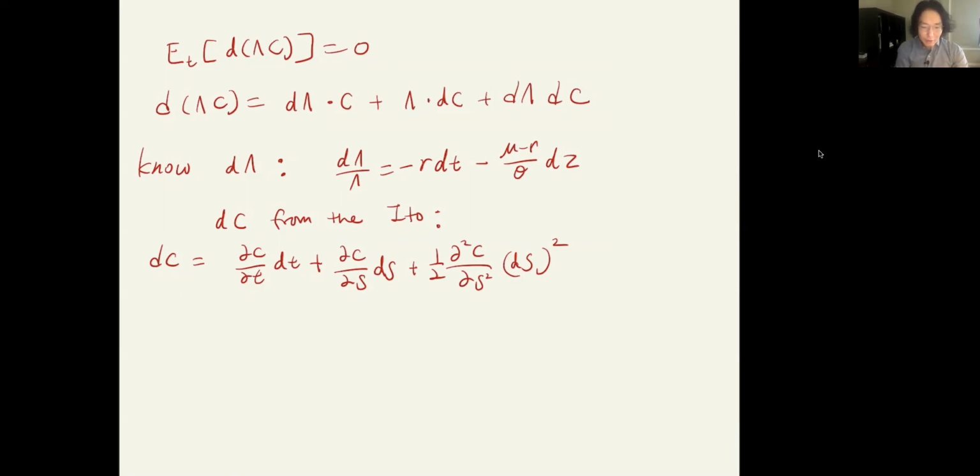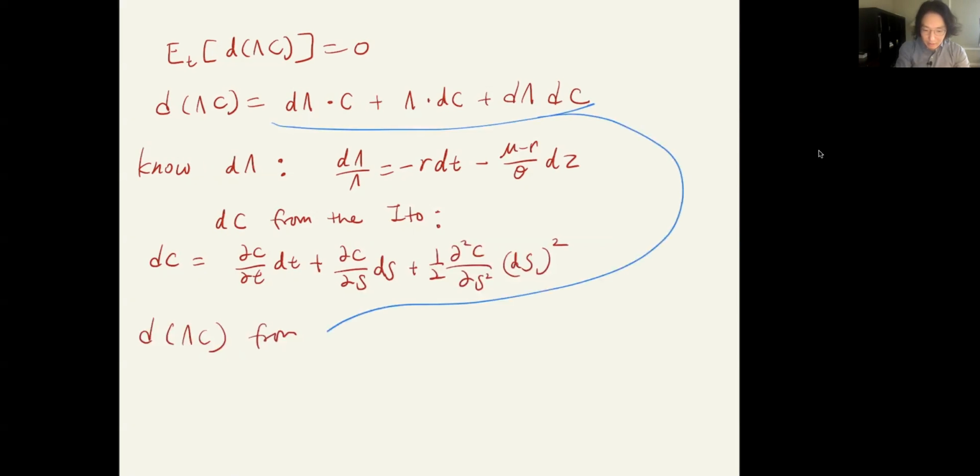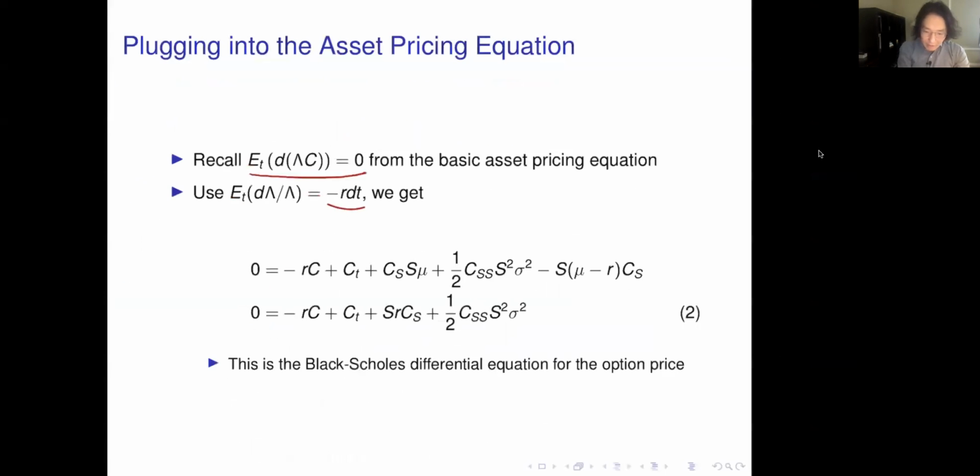Now we know that dc and d lambda we can calculate from here. So we plug d lambda and dc into the expression here. This is what we get. And that is what's called the Black-Scholes differential equation.